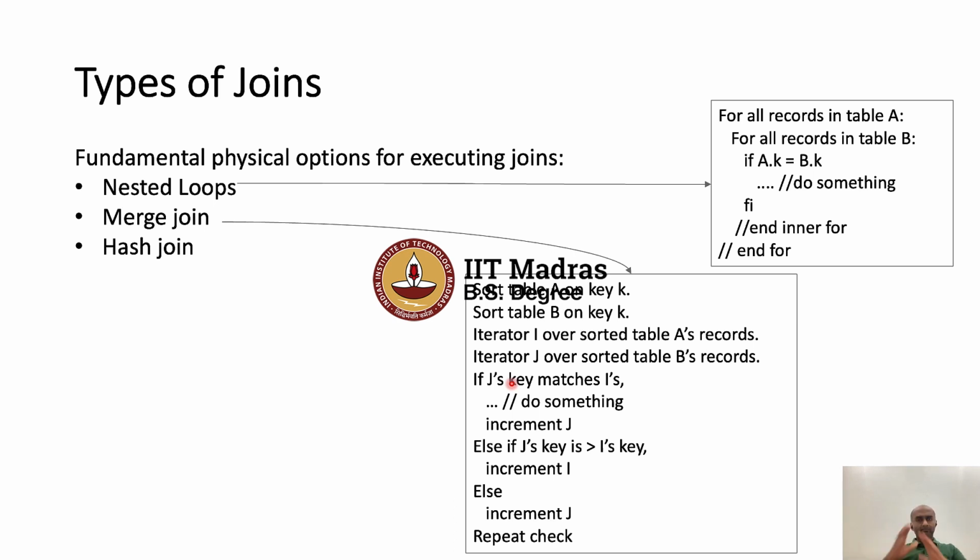There needs to be some very clearly defined comparator that should be possible on the key data type. So you could just have different if conditions for each of the different values of the comparator. The first is the two values match, in which case, that's exactly what you want as a join. So do that something that you need functionally, and then once you're done, you just iterate.